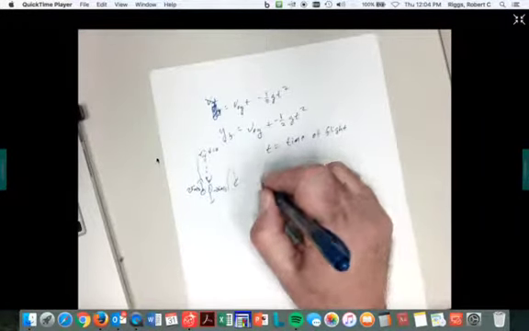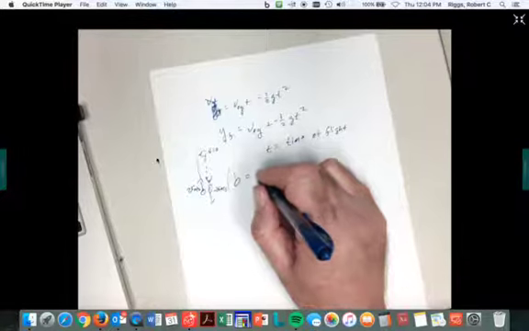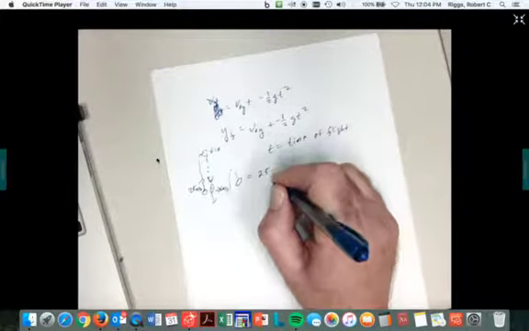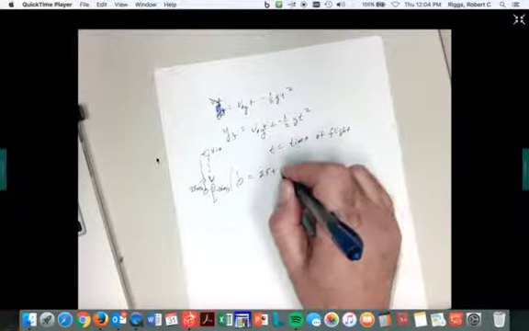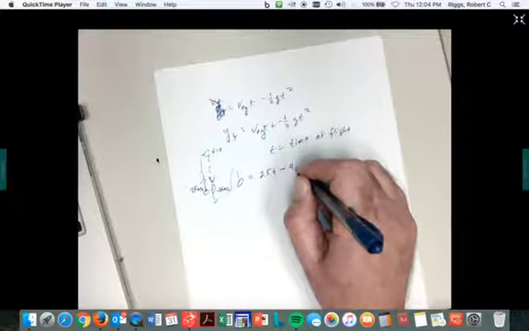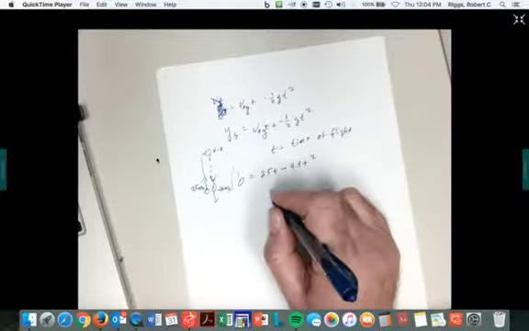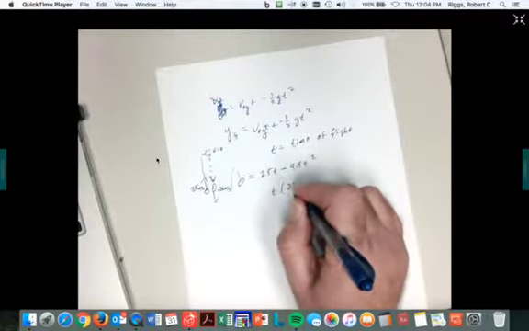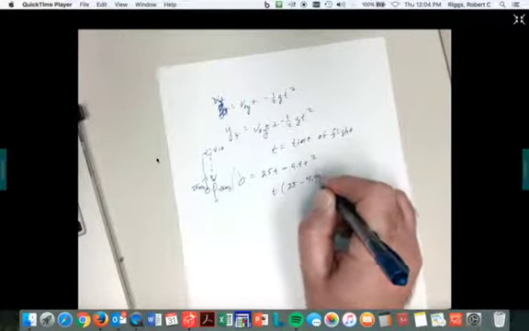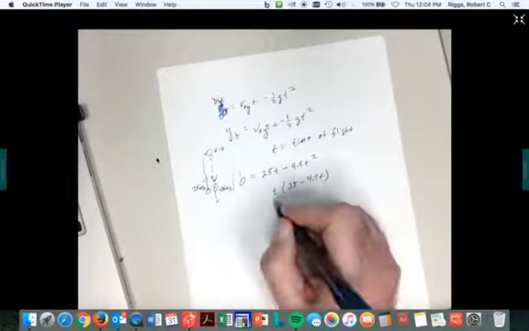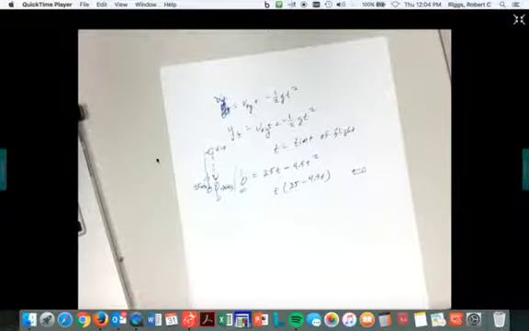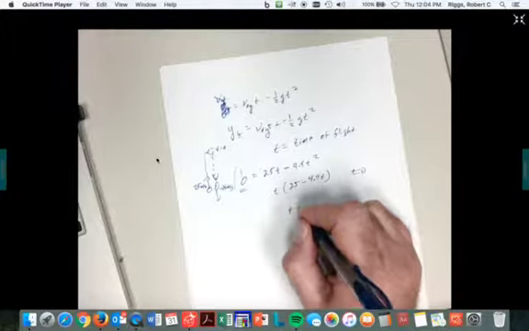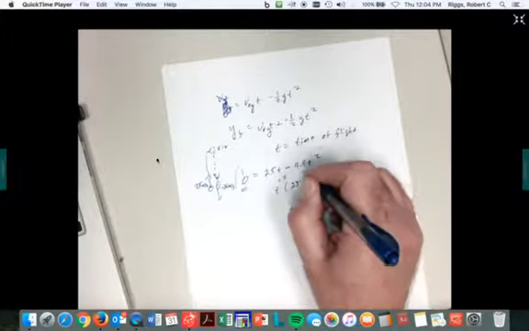So I had 0 is equal to 25t minus 4.9t squared. When we factor that out, we get t times (25 minus 4.9t). This makes sense to me because when t equals 0, that's when we first start out, or this other factor can equal 0.